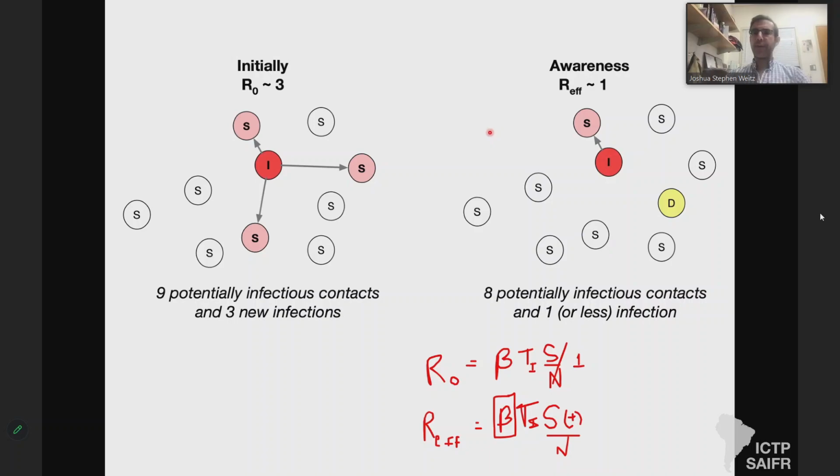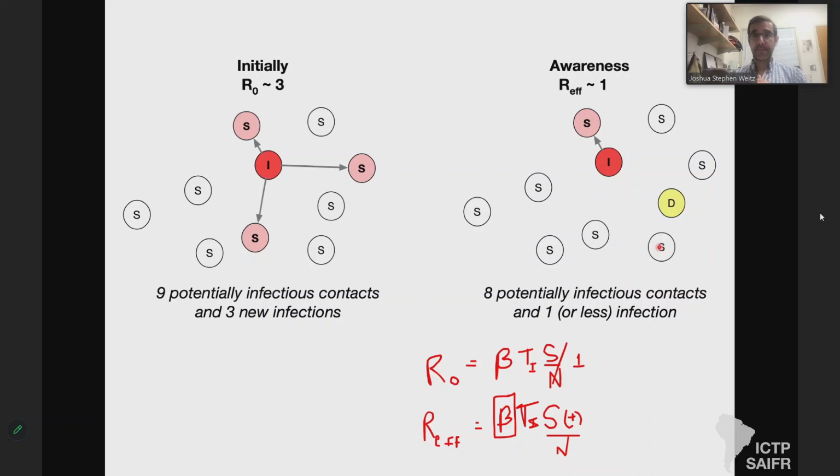Meaning that if you look, there are 1, 2, 3, 4, 5, 6, 7, 8 susceptible individuals. If there was a contact with those people, that could potentially lead to a new infection. That's what I mean. No, that's not what I meant.